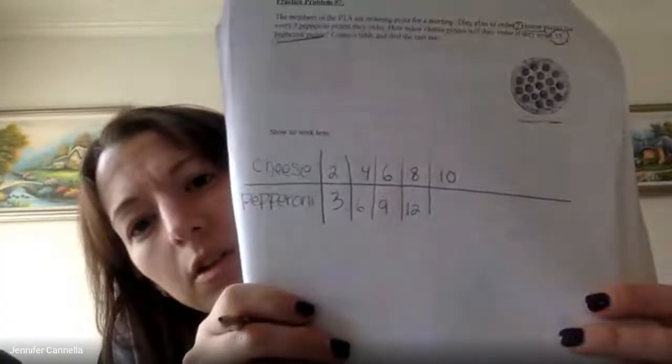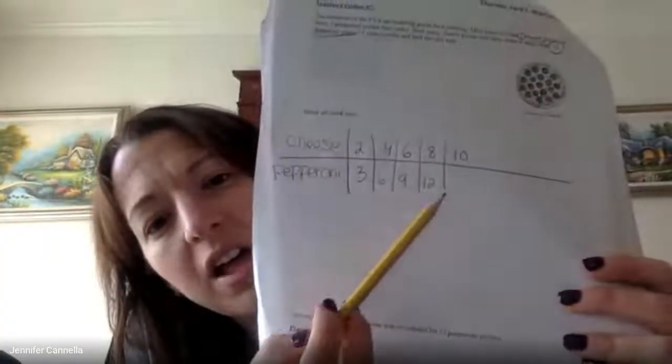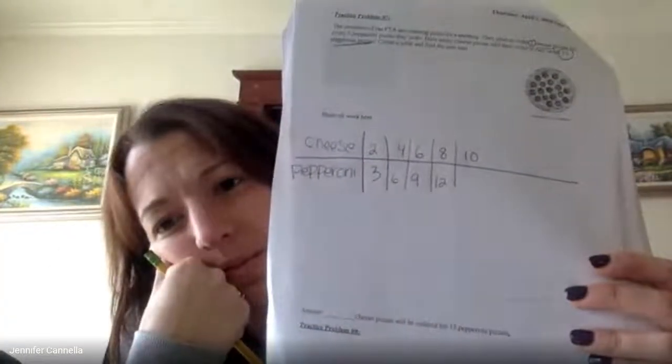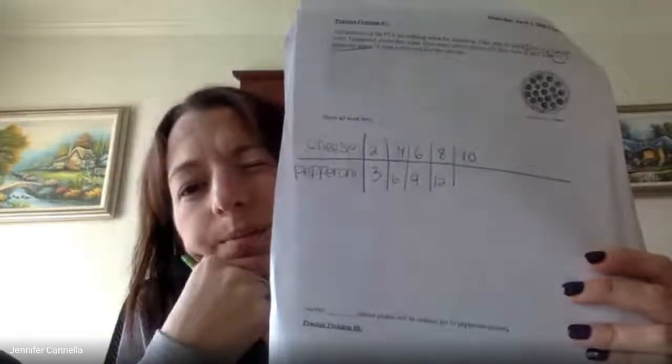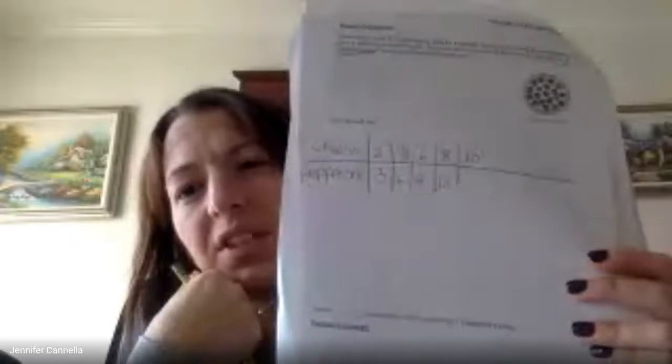If I have 10 cheese, we need to get to 15 pepperoni. 3, 6, 9, 12. What's next? 15, right? Put 15. So the question says, if you order 15 pepperoni, how many cheese do you need?